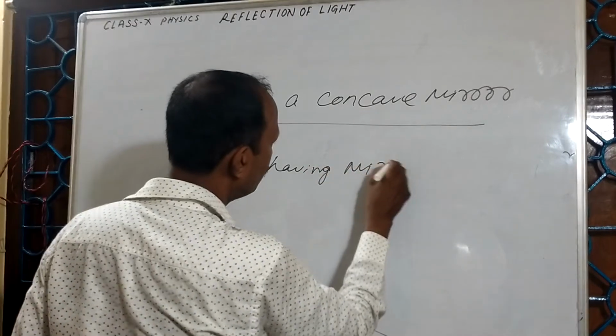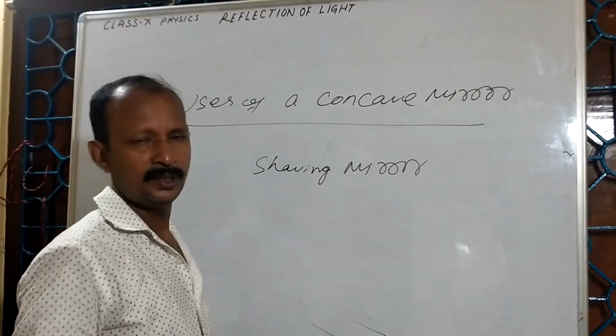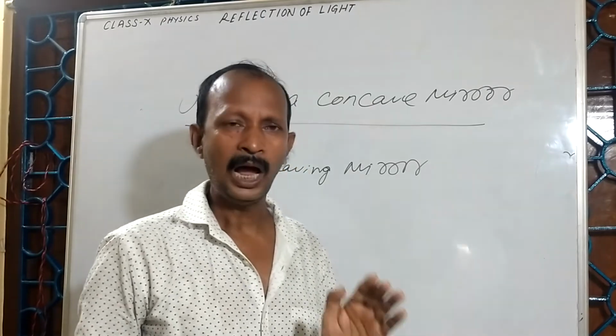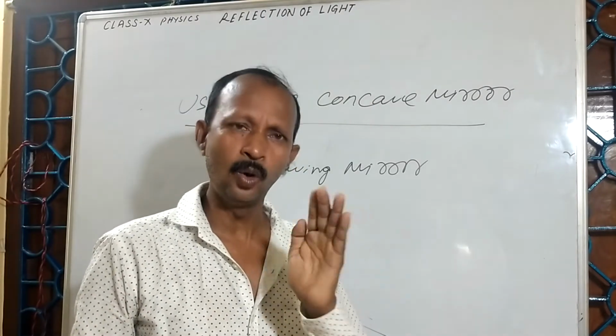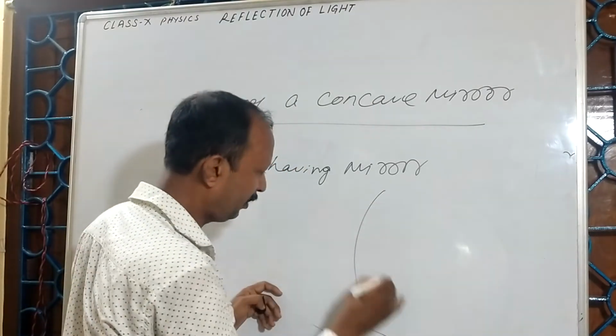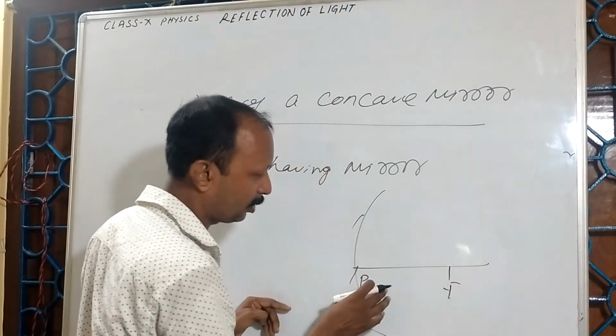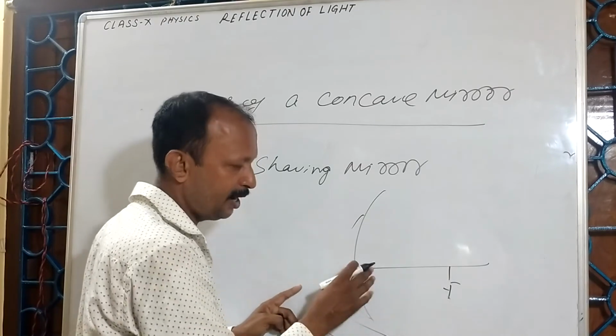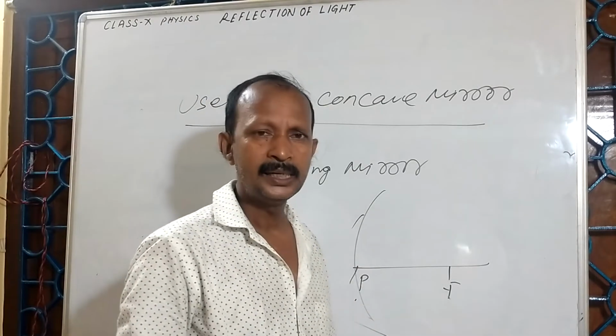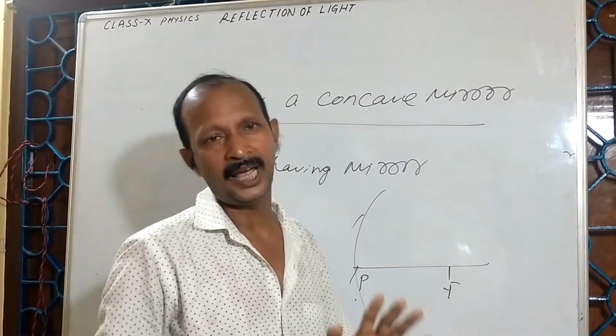Shaving mirror. What about a shaving mirror? Our face should be very close to the mirror. If our face is very close, that means between pole and focus, then the image will be formed bigger in size.